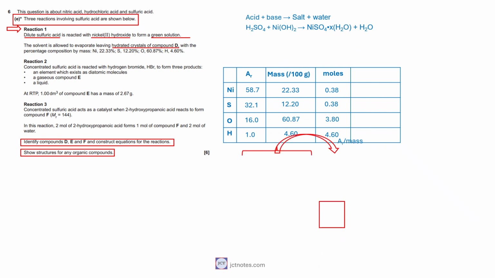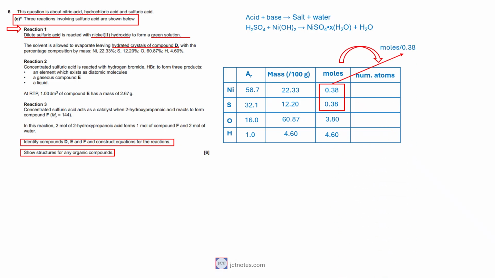We identify the smallest number of moles, which is 0.38, and calculate the number of atoms in the empirical formula by dividing the number of moles by this number. This gives us 1 mole of nickel, 1 mole of sulfur, 10 moles of oxygen and 12 moles of hydrogen, so our empirical formula is NiSO10H12.